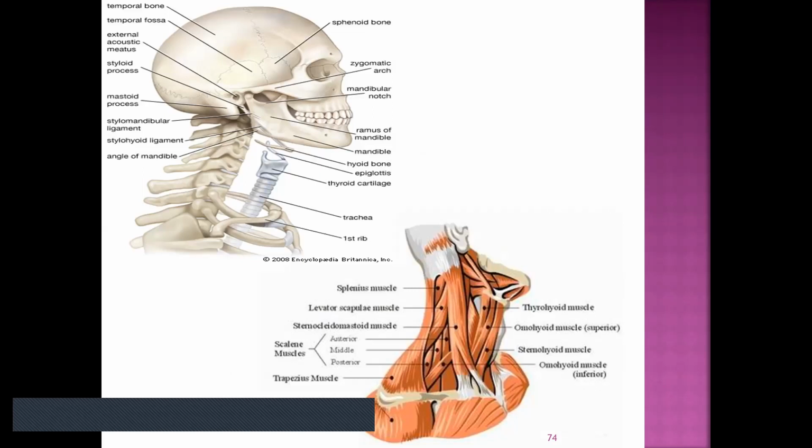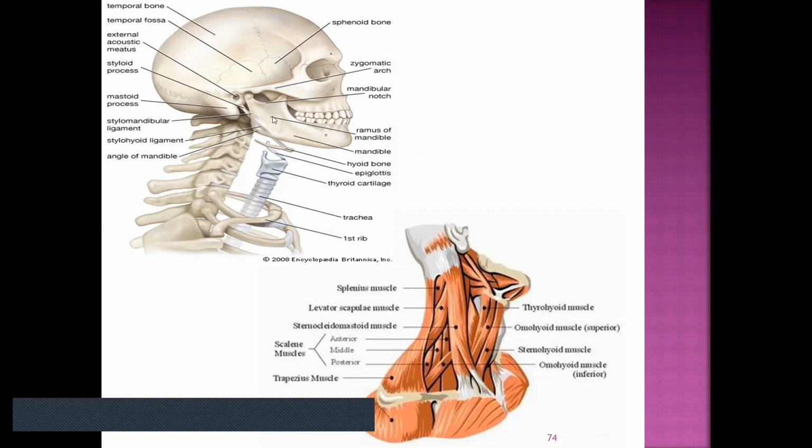So this is a review of our skeletal-muscular system. Now, this is your sphenoid bone, temporal bone, the temporal fossa, the external acoustic meatus, and then the mastoid process. Now, this one is your zygomatic arch, and then our mandibular notch at the bottom.